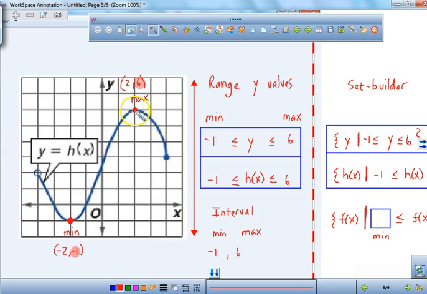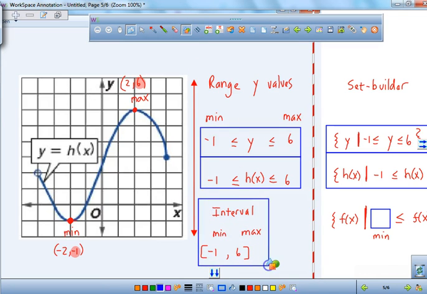And because it passes through this point, and it passes through this point, I know they are going to be equal to. So we put hard bracket and hard bracket. And this is how you write interval notation. So we have set builder notation and we have interval notation for the domain and the range.